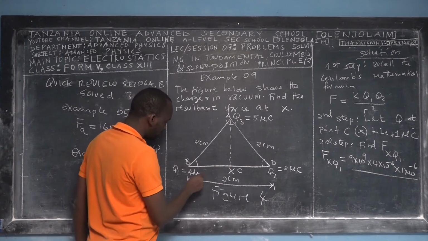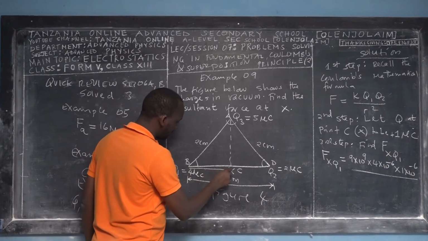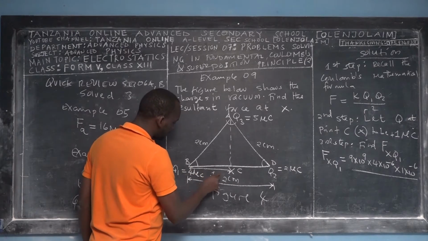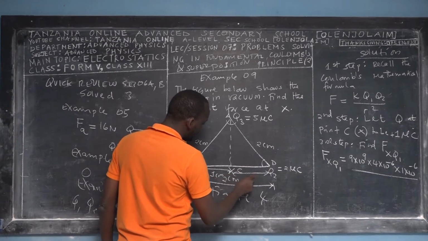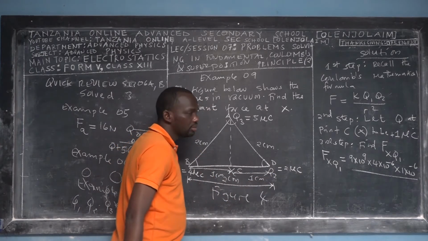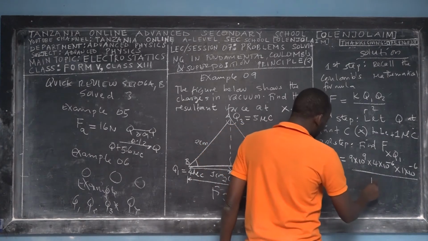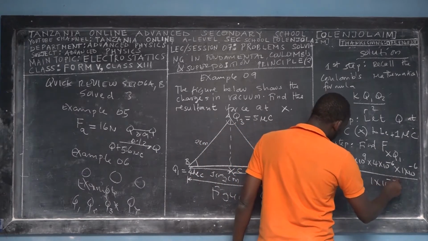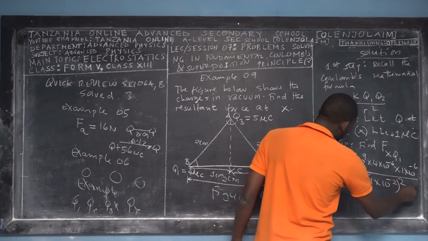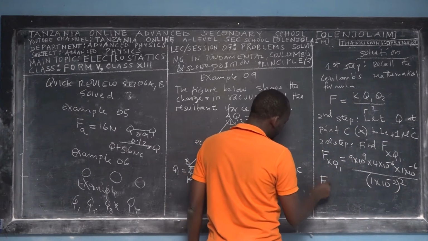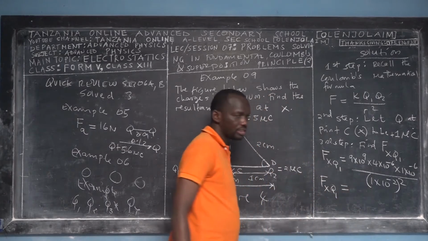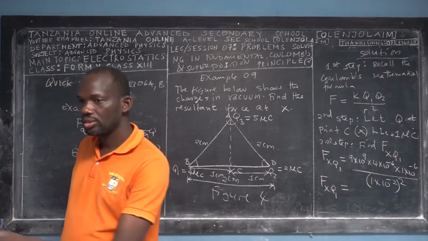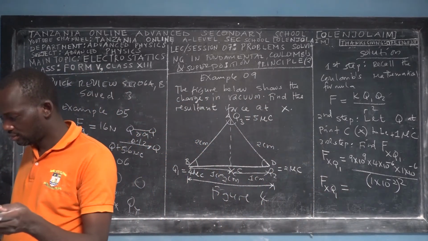The distance from here to here is 1 centimeter, and from here to here is also 1 centimeter. We have to express it in meters, don't forget that, then we square. So the force acting on X due to Q1 is computed; use your scientific calculator for such computation.